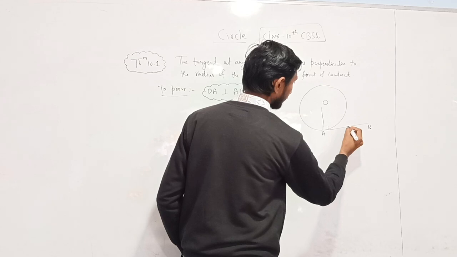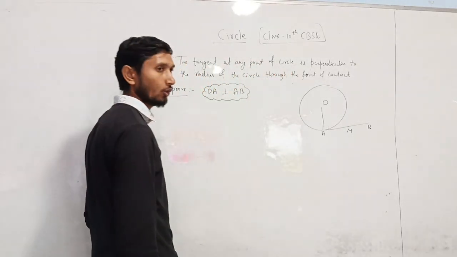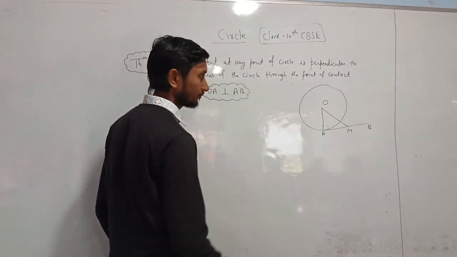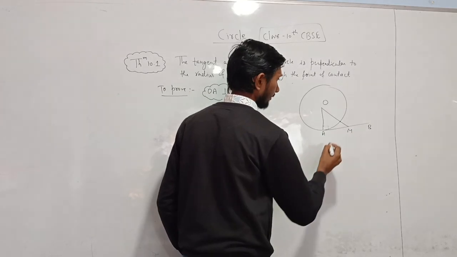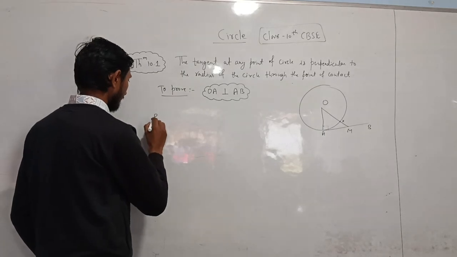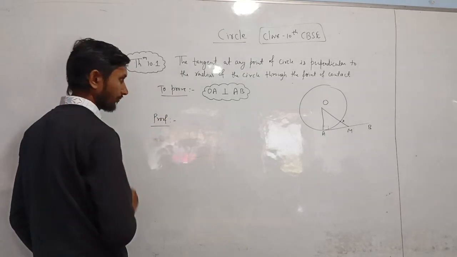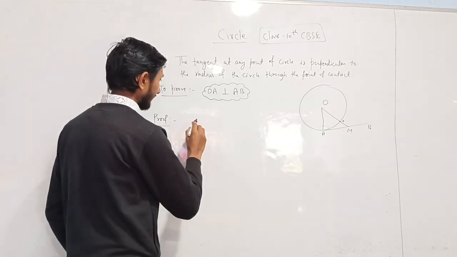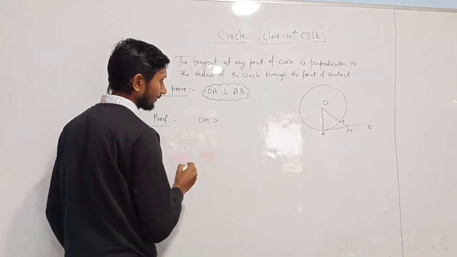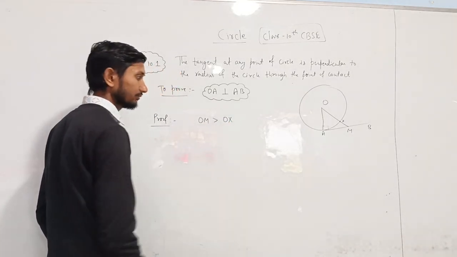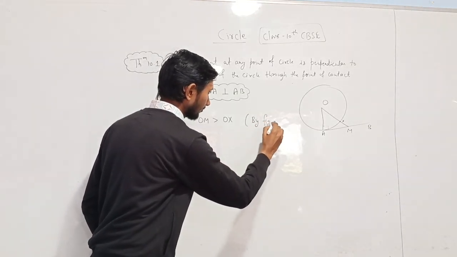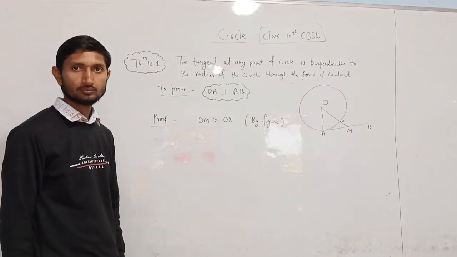So now we will prove this theorem. Let a point M be on AB and join OM. This point is, say, X. Can we say that OM is greater than OX by figure? Any doubt?